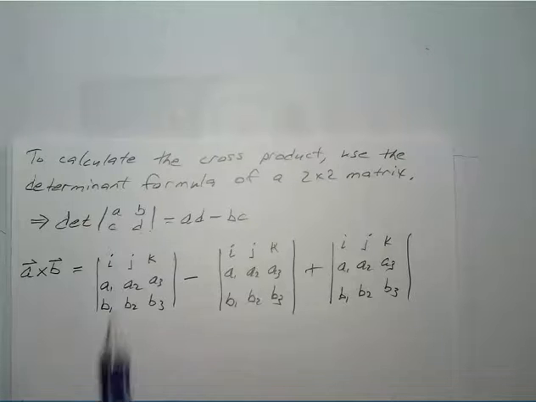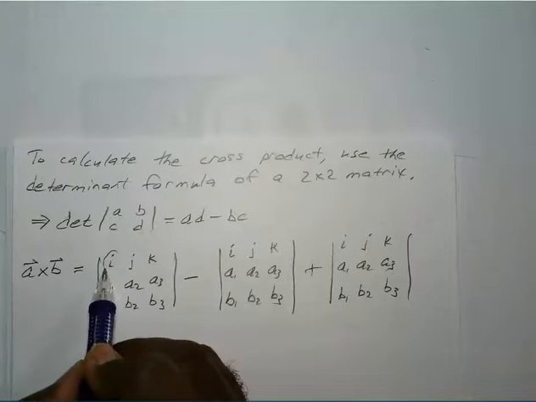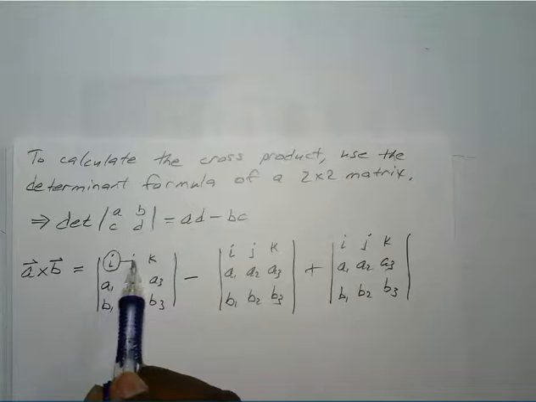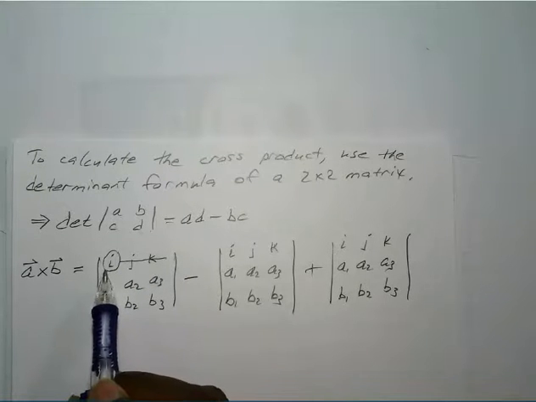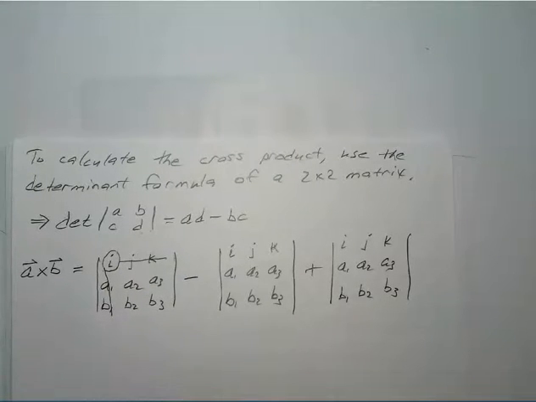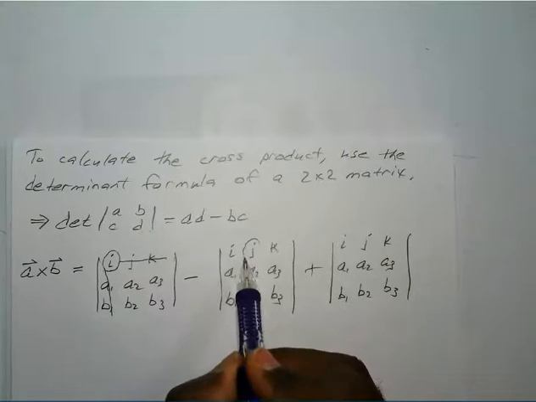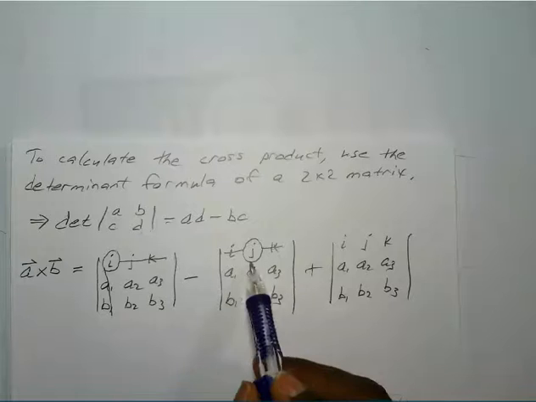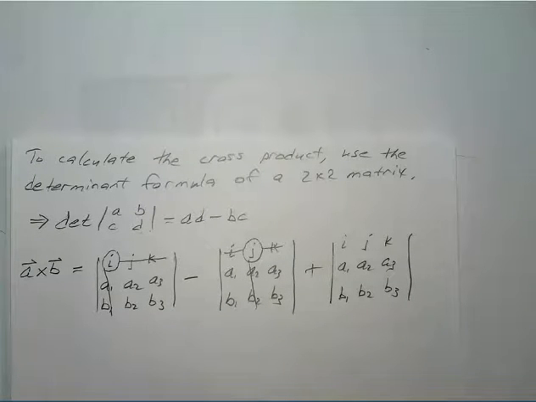So what do we do now? On the first one, we circle the i. Then we cross out everything else in that row and in that column. For the second one, we circle the j and cross out everything else in that row and that column.